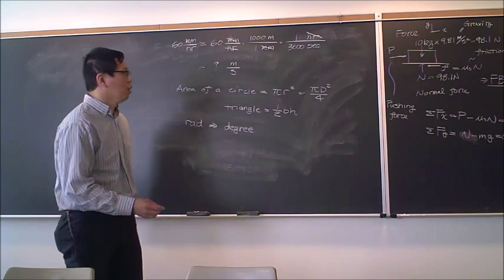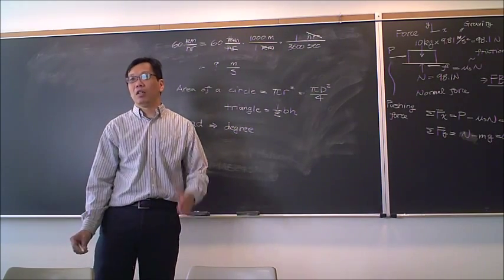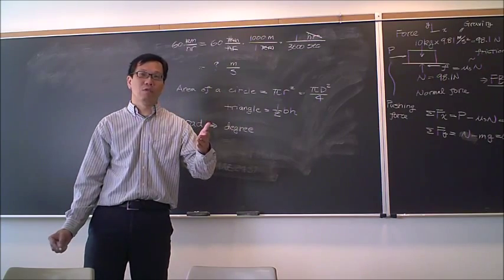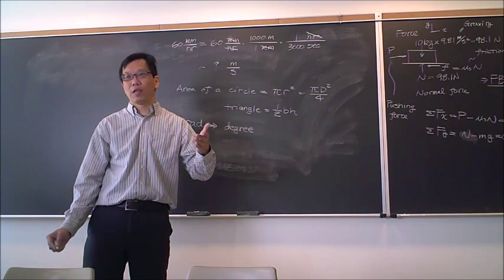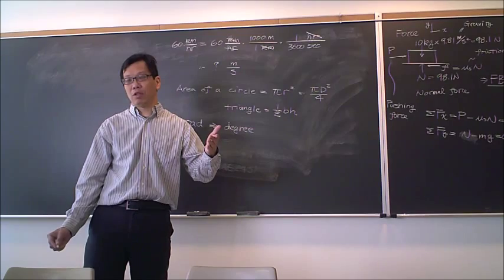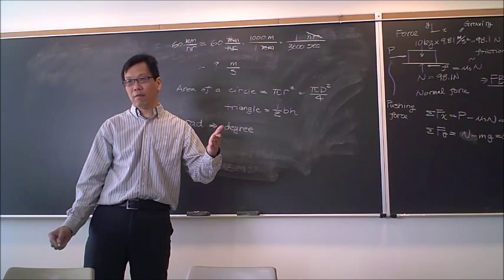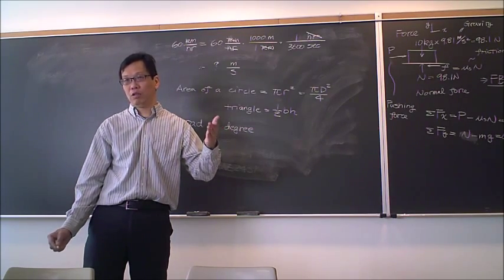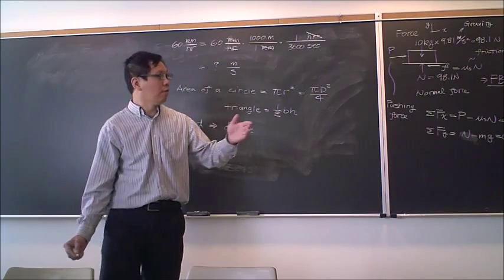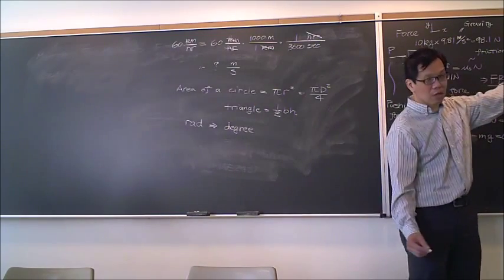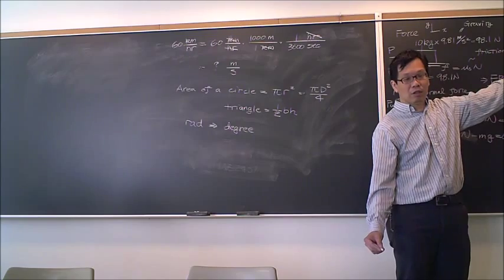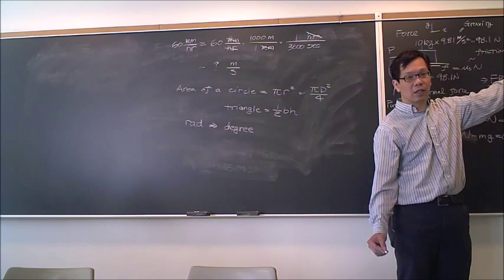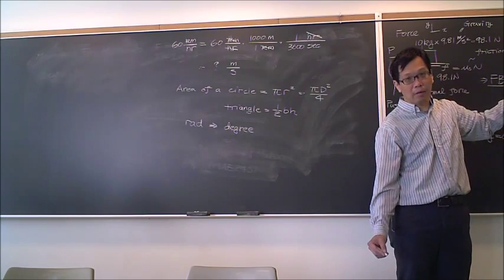Say I'm giving you 1,000 feet. I ask you to convert that into miles. You need to divide the number by 5,280 in order to get the unit equal to miles.